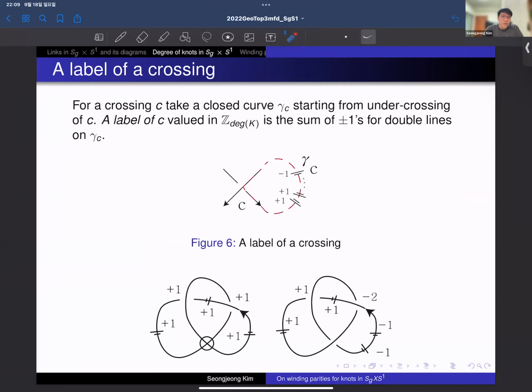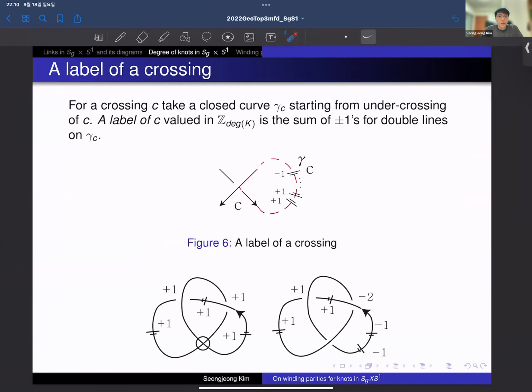For a crossing C of a diagram with double lines, we take a closed curve on the diagram, starting from the undercrossing and ending at the overcrossing of C. Then for a crossing C, we give a label valued in Z by summing plus or minus 1 for double lines on this closed curve.